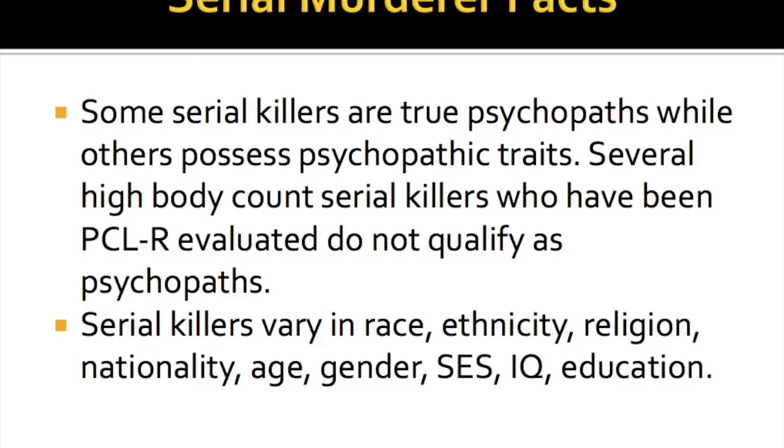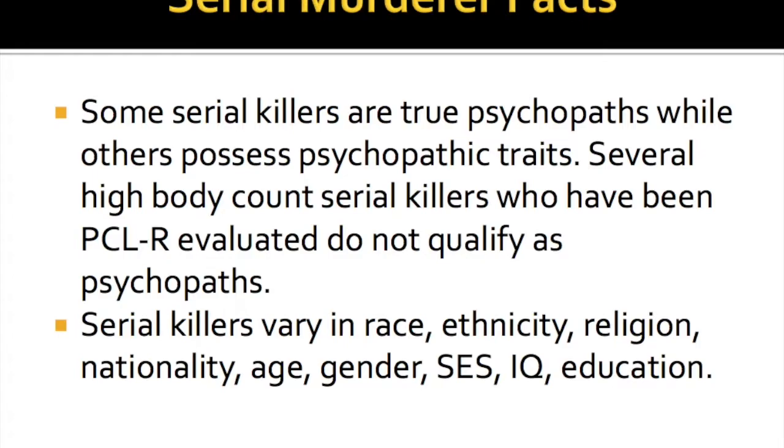Serial killers who have been evaluated do not qualify as psychopaths. We'll get into more of the evaluations of those who survive or were able to be profiled. Serial killers vary in race, ethnicity, religion, nationality, age, gender, education, and IQ. We'll see some of that as we move along.